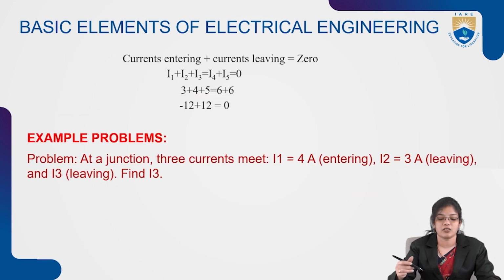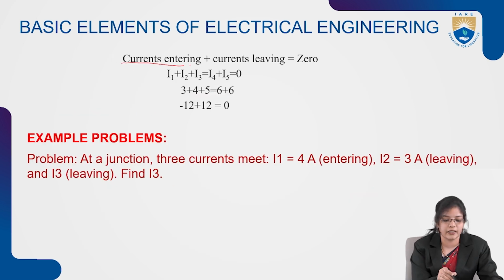So from the previous circuit, we can see that the sum of currents entering and leaving should be equal to 0. The entering currents are I1, I2, I3 and the leaving ones are I4 and I5. With example values, 3 plus 4 plus 5 is equal to 6 plus 6, which is taken as minus 12 plus 12, which equals 0.